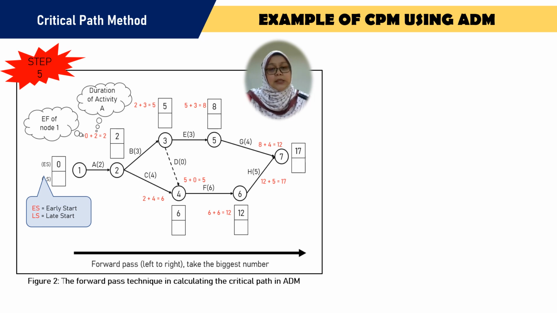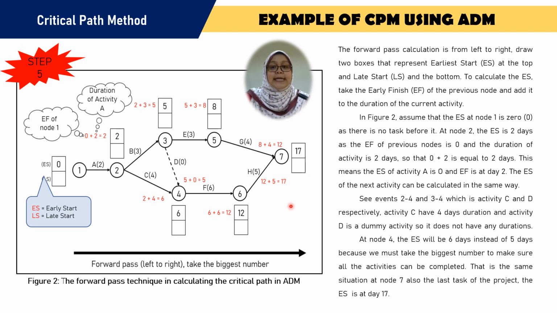After we illustrate the network diagram, we can do the forward pass calculation. That is step 5 in doing CPM, which is to calculate the critical path. So how do we calculate the critical path? We have to find the early start and the late start of the activity.